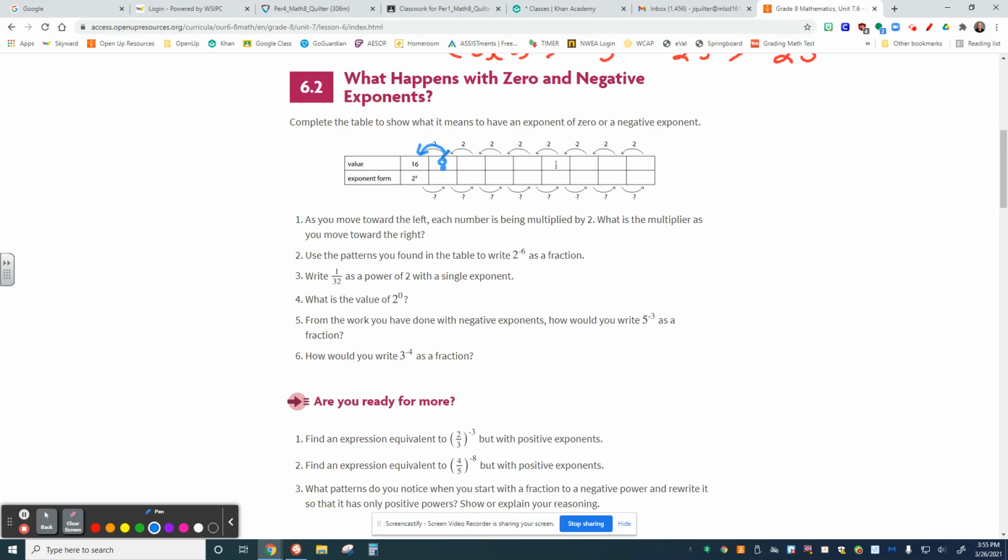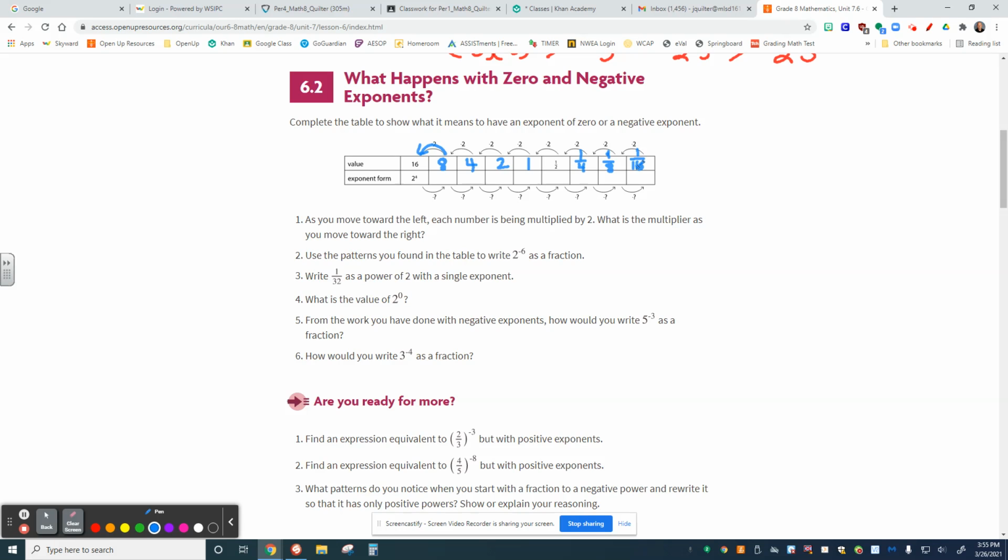So maybe we should start over here at half. 1/2 times 2 would be 1. 1 times 2 is 2. 2 times 2 is 4. 4 times 2 is 8. 8 times 2 is 16. Okay, cool. Well, what I know about these ones then, if I work backwards, is that half of a half is 1/4, and half of a fourth is 1/8, and half of an eighth is 1/16. That's great. So I just worked my way backwards.